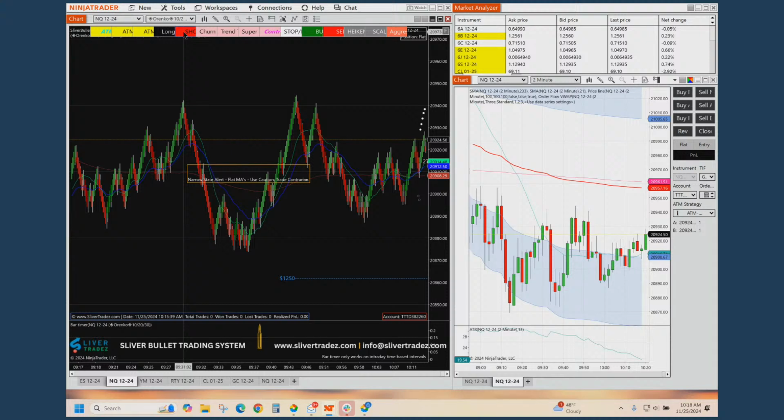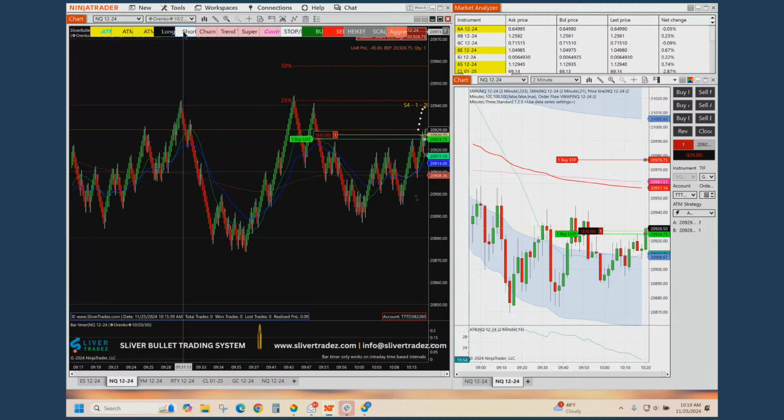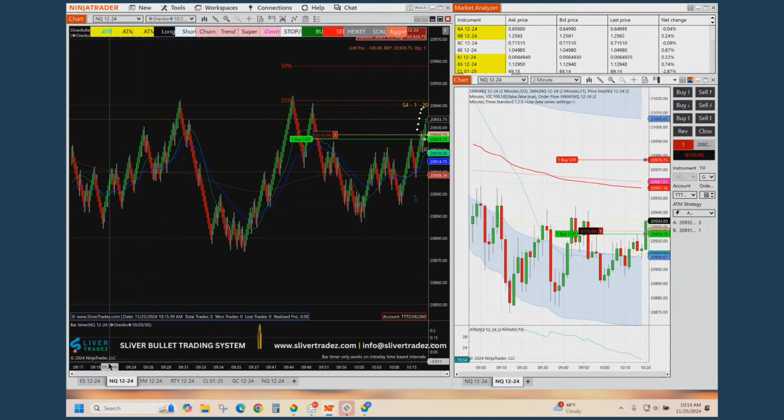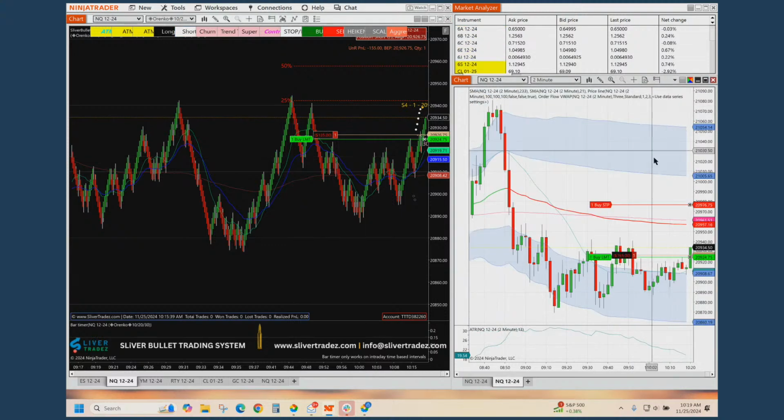Here, let's see, I'll take one contrarian for 8 ticks. And it is pushing up. This is always the case with the NQ. It will constantly try to go against you. So whenever we trade, we have to trade very carefully.